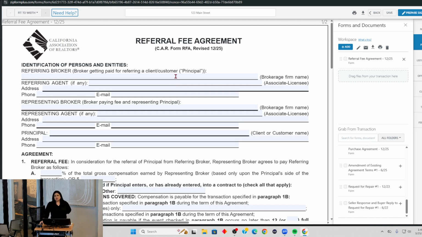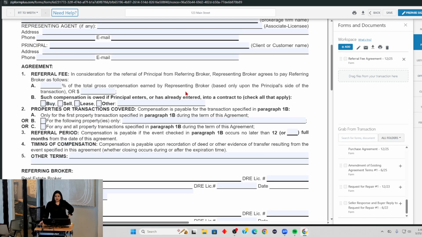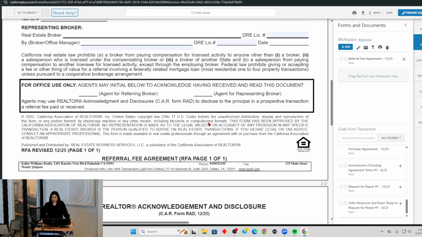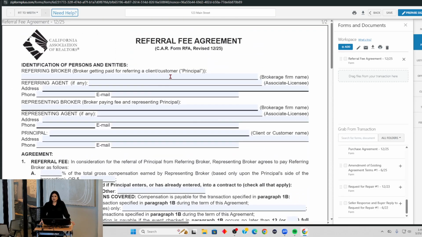Well, that has nothing to do with your referral agreement. But did you send her the new one? That's the new one. That's the one. Okay. Did you fill this one out too? Okay. Because they should come together. But check the agreement that you sent and make sure that it is the newest date.